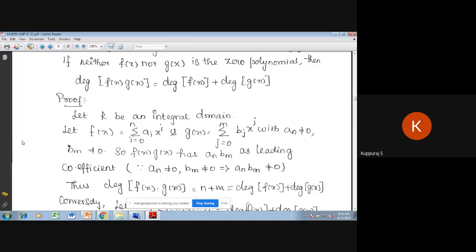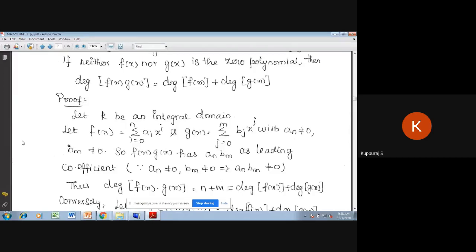Then if you multiply f(x) and g(x), the leading coefficient will be a_n times b_m. Since a_n is not equal to 0 and b_m is not equal to 0, obviously a_n times b_m is also not equal to 0.